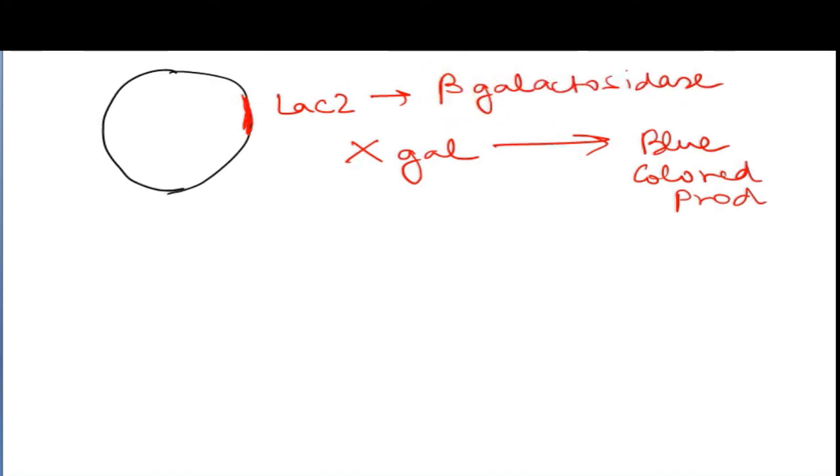The function of beta galactosidase is to convert the X-gal into blue colored product, right? So what do we need to understand? This is a complete vector. So when you insert your gene of interest in here, the gene of interest is essentially inserted into this red color portion. Okay, so let me show you.